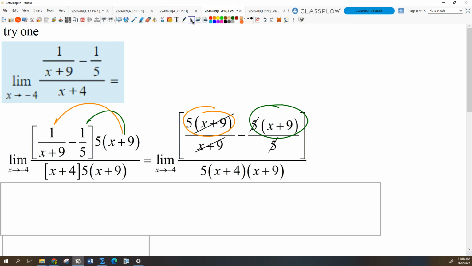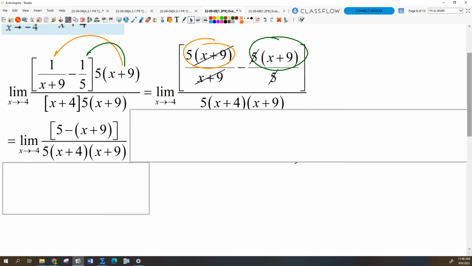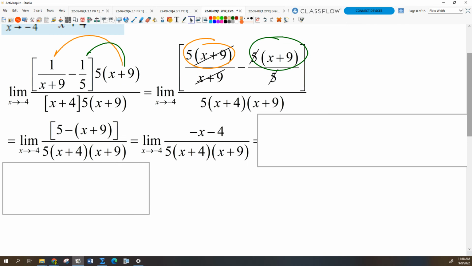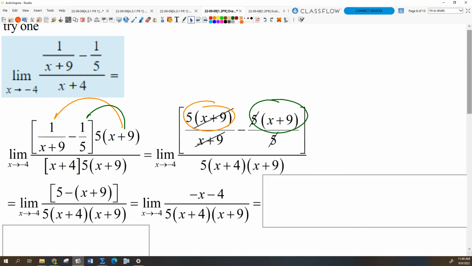Nothing to simplify there. Okay, so doesn't that just leave me with that, right, when I cancel? Okay, pretty good? Okay, if I distribute the negative sign and combine like terms, doesn't that just give me that? Right? Okay, now what has to happen here? Looking at the original problem, before we started anything, what are the factors based on this?